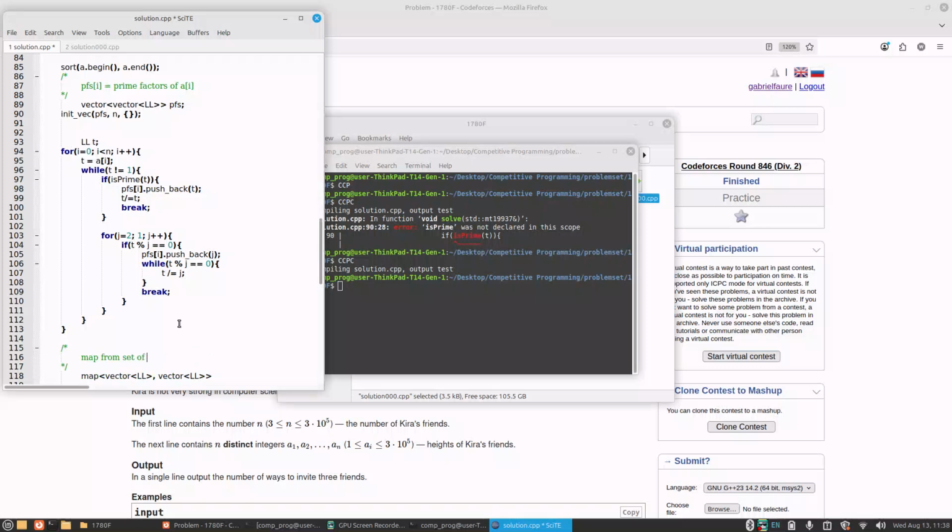From set of prime factors, indices that have said prime factors.